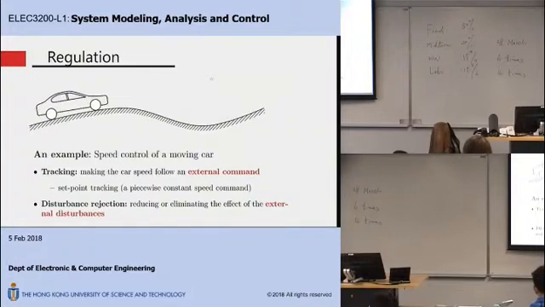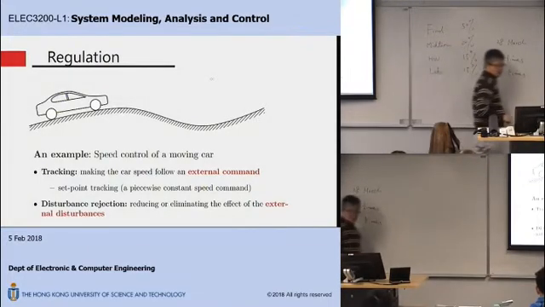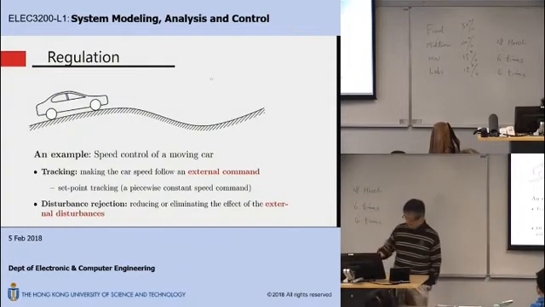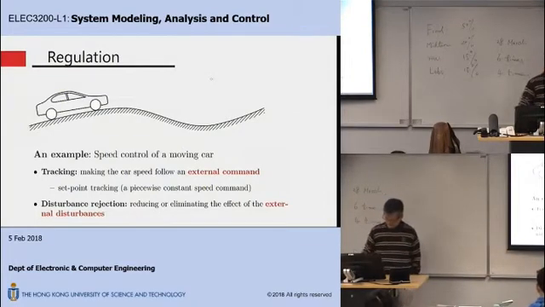You also need to reject the disturbance. The wind gust is a possible disturbance, and this hilly road is also considered a disturbance. So you want to reduce the effect of this disturbance. You want to keep your speed constant. So how to do it? That's what we worry about in the situation of regulation.